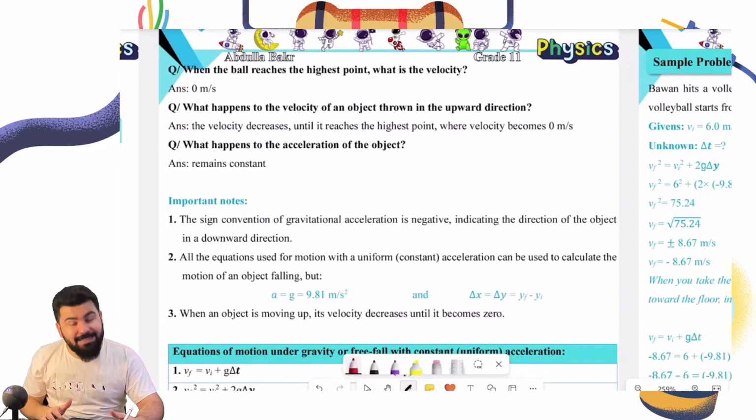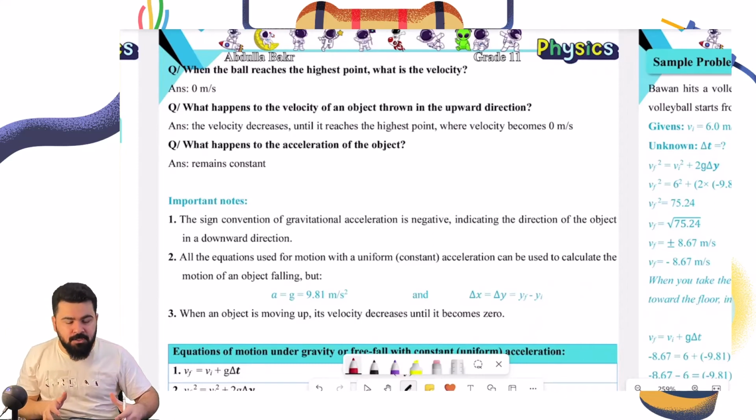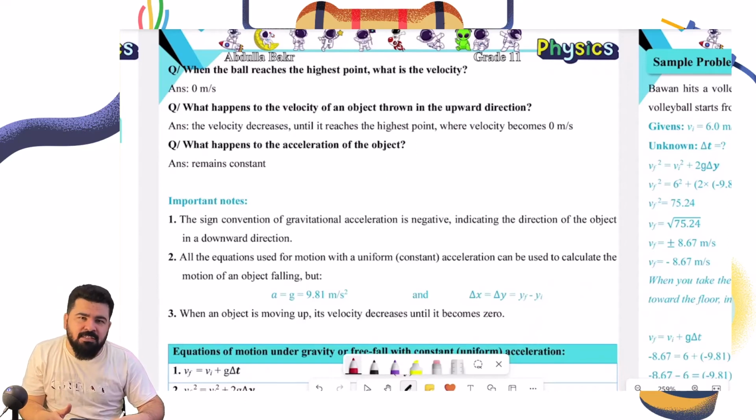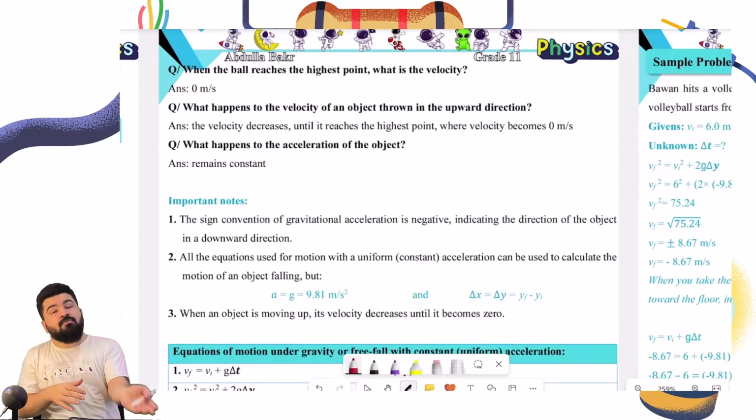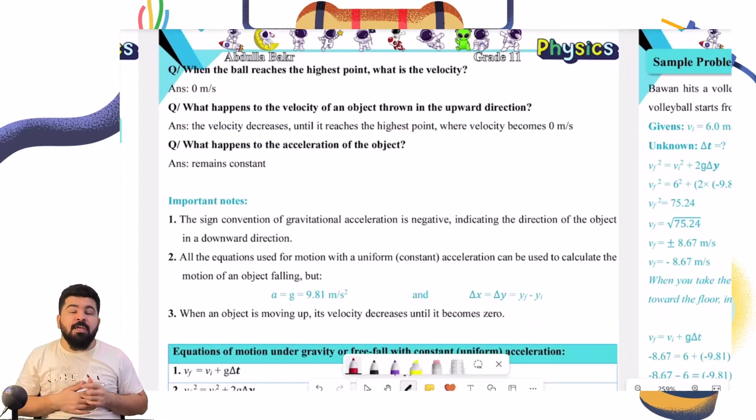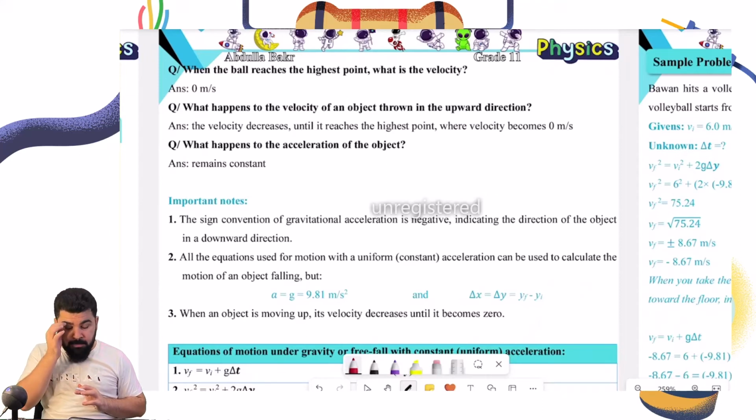So at the highest point, the velocity is going to be 0. What happens to the velocity of an object thrown in the upward direction? If you throw an object upward, the velocity is going to decrease until it reaches the highest point where velocity becomes 0.